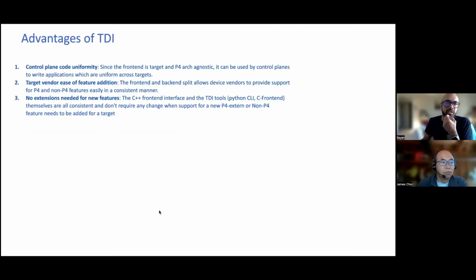Moving on, advantages of TDI. Control plane code uniformity, since the front end is target and P4 architecture agnostic. Control plane applications can be written which are uniform across different targets. Many control plane applications are written which do something very specific for a specific target, and of course those applications won't be generic.